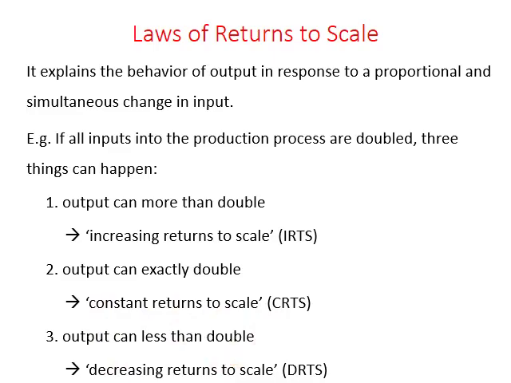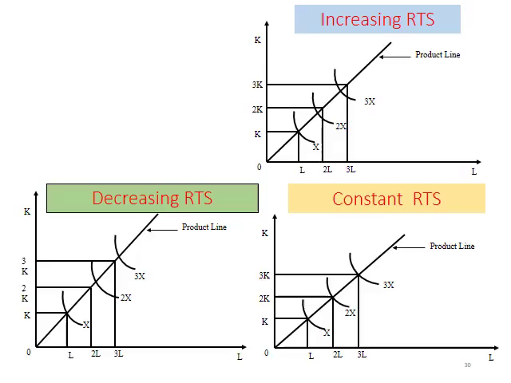Let us see graphically. Here, as you see, the first inputs are K and L. As we double them, they become 2K and 2L. During that time, the output will be this one, which is less than 2x. So it is a decreasing return to scale.